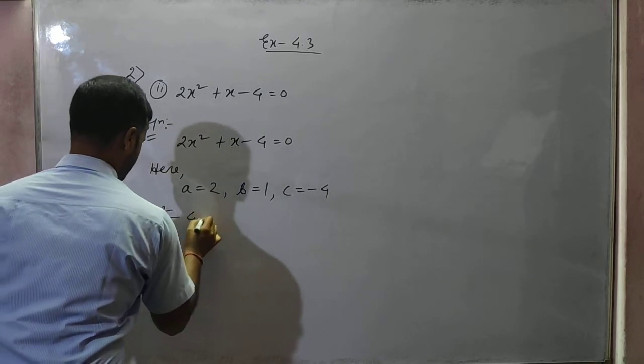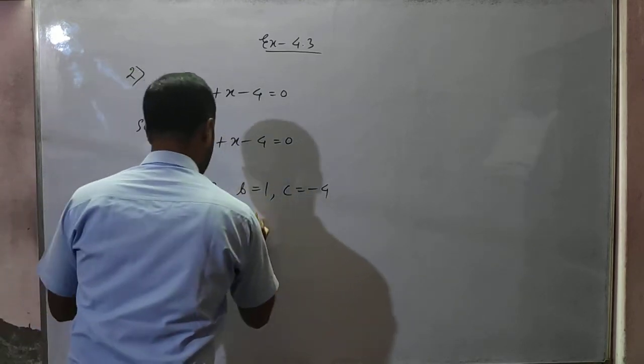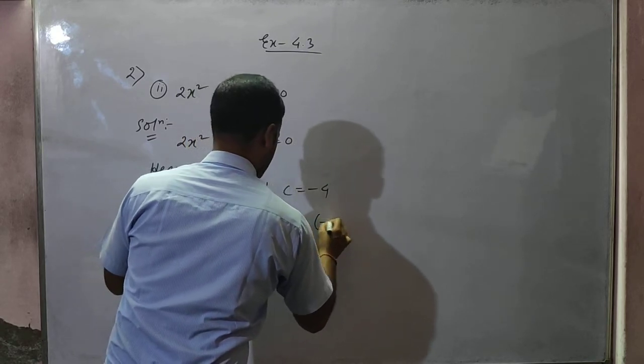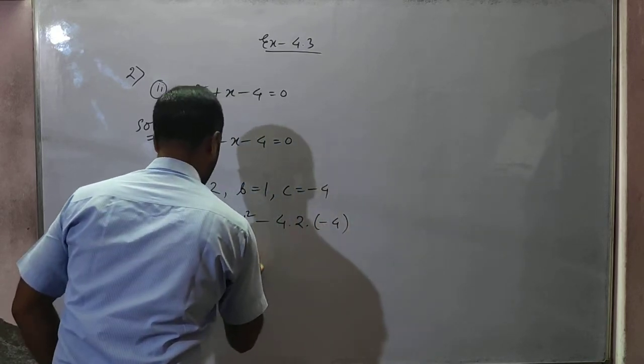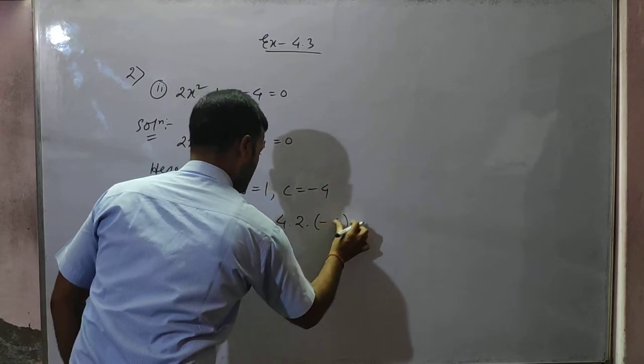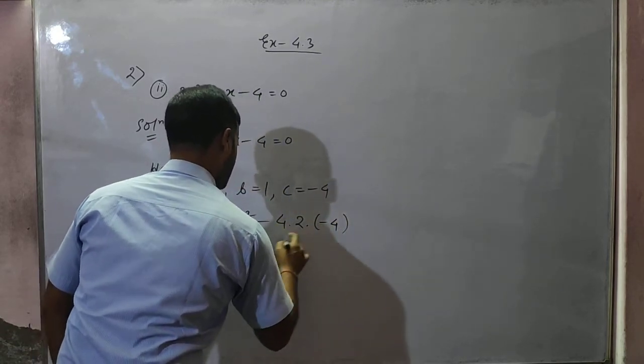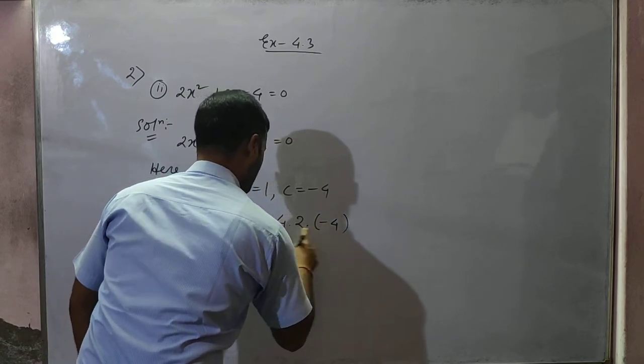Therefore b square minus 4ac is equal to 1 square minus 4 into a into c. Okay, 1 is there, minus minus plus, 4 4s are 16.